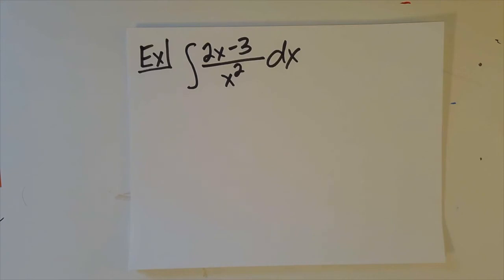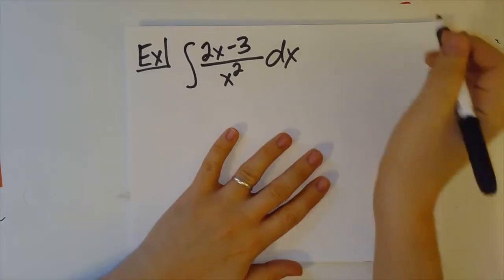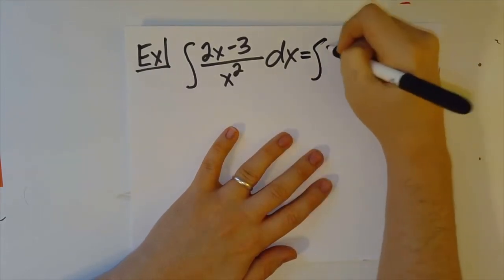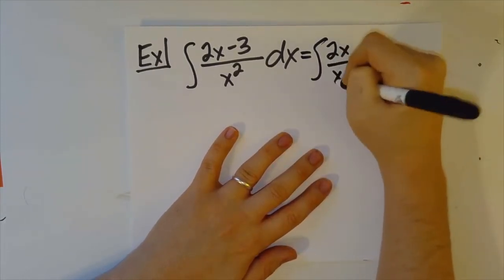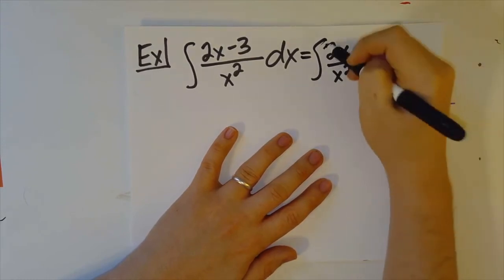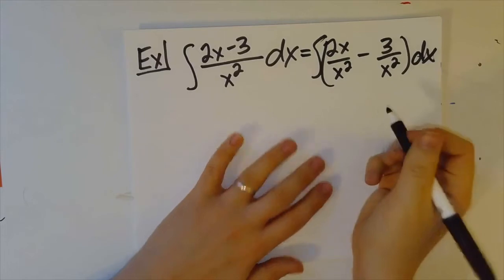But if I'm willing to use some algebra, I can actually do this because I can rewrite the thing I'm asked to integrate as the integral of 2x over x squared minus 3 over x squared dx.